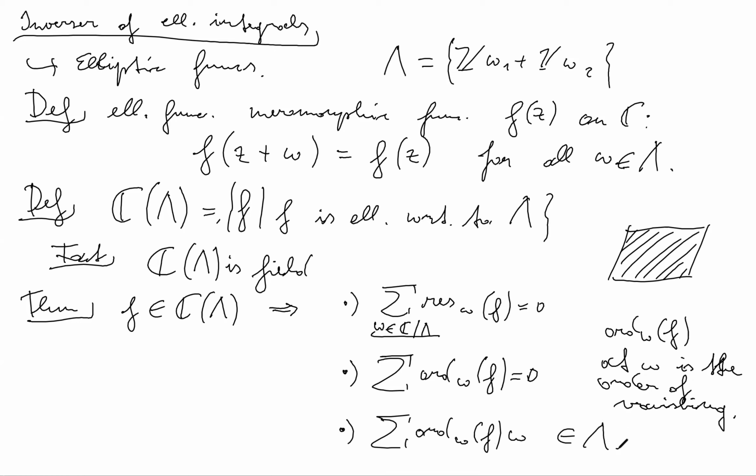Okay, and then I think Sam last week told us a bit about divisors on higher genus curves, and there's a similar construction that we can do here. So what we're going to define is the divisor group of E over lambda, and again this is the group formed by these linear combinations.